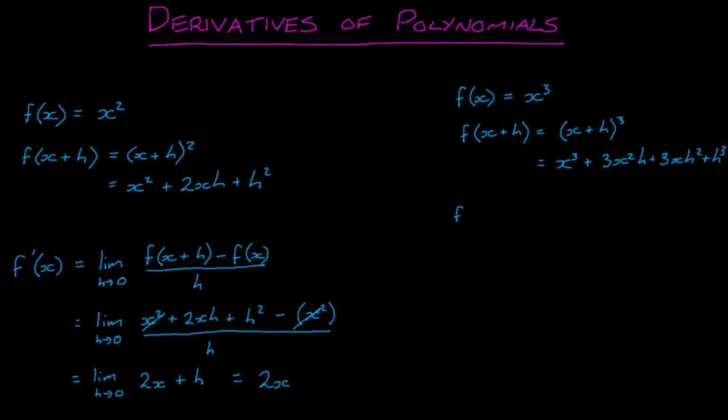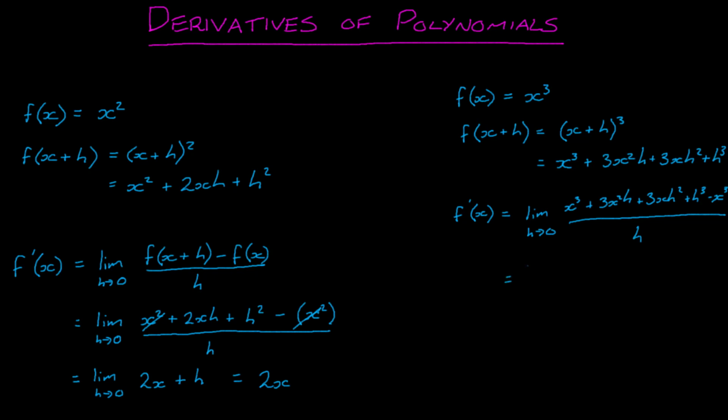And that means that our derivative is going to be the limit as h approaches 0 of x cubed plus 3x squared h plus 3xh squared plus h cubed minus x cubed, all divided by h.